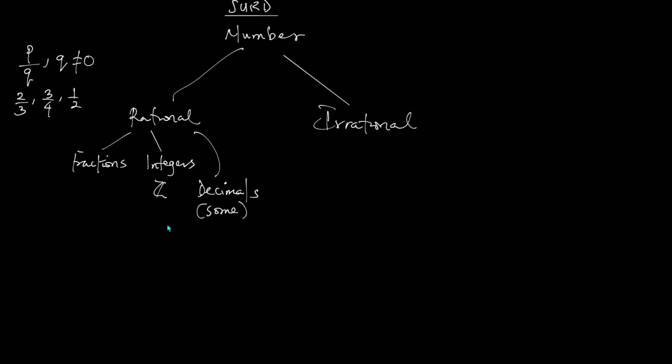And these are the decimals that can be converted to fractions, right? So we can refer to these decimals as rational, e.g., 1.1. This is going to give you 11 over 10, and 1.333 repeating, which can be shortened as 1.3 with a vinculum. This is equal to 4 over 3. So these are rational numbers.